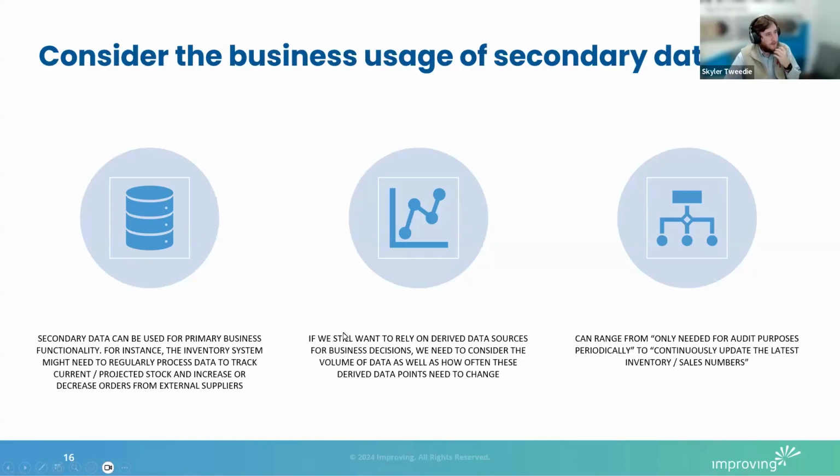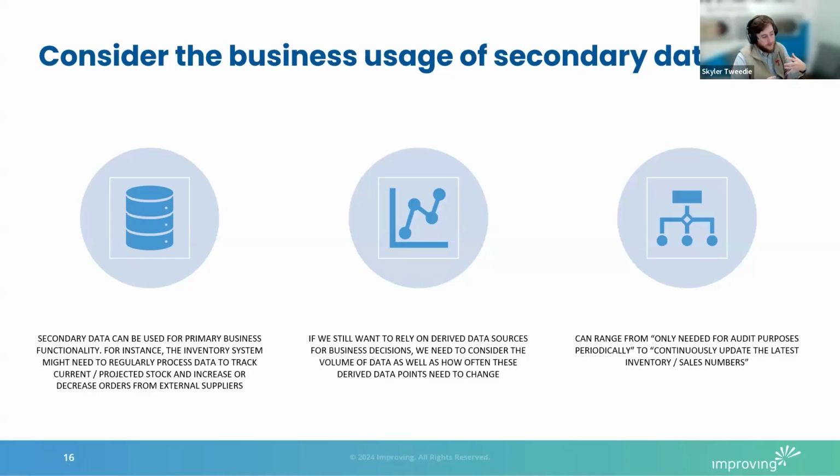So one of the things for secondary data is we need to figure out both how often we need to process this data and how much data we're taking in to try and figure out how we're going to do this.